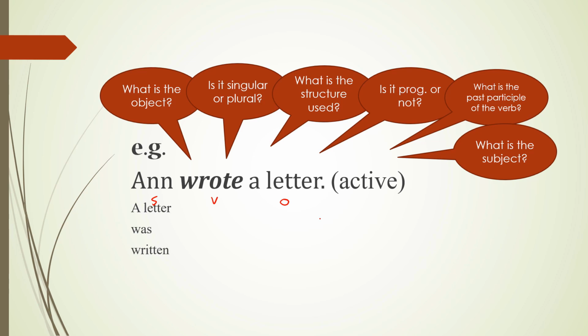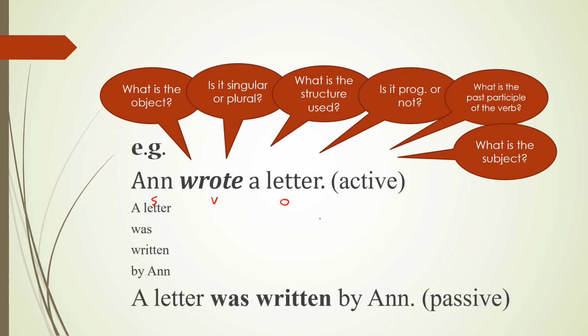This subject must be placed in the form of by agent or by phrase functioning as the object of the passive. So the object of the passive must be by Anne. This is the passive one. A letter was written by Anne is the passive sentence from Anne wrote a letter.